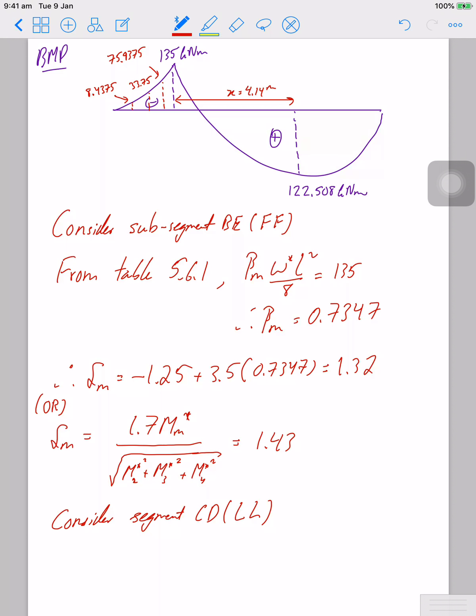Because if you have a longer length, you have a smaller moment, your reference buckling moment. So for CD, from table 5.6.3, you'd get your KT factor equal to 1.0 because your L is 3000 millimeters.